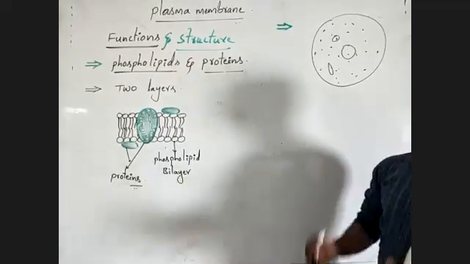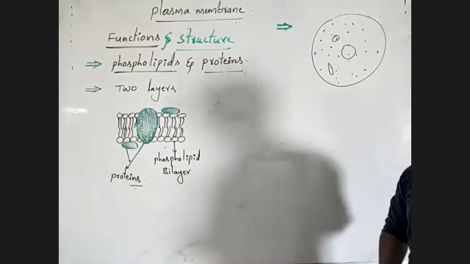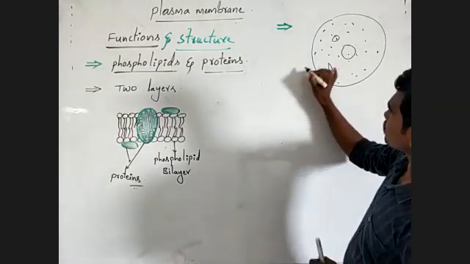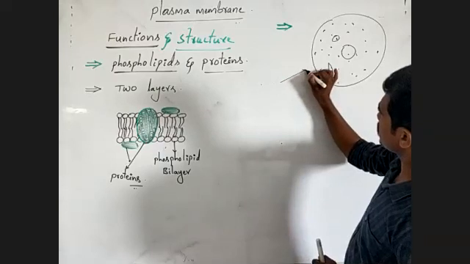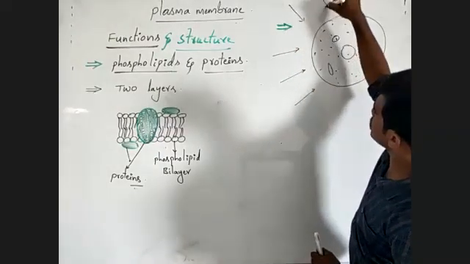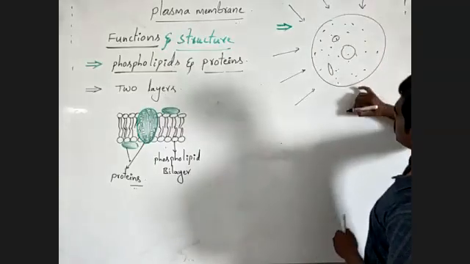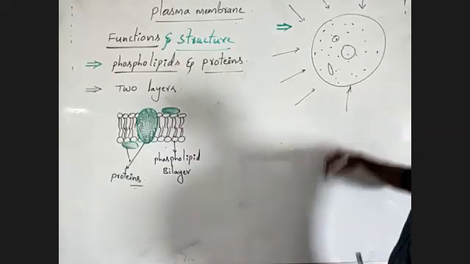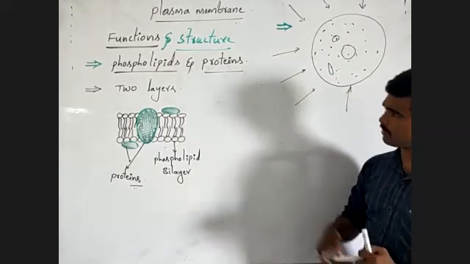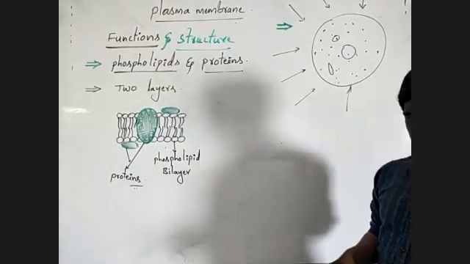This is a very important role of the plasma membrane. For example, from any external shocks, the plasma membrane protects the internal parts of the cell. This is the main function of the plasma membrane.